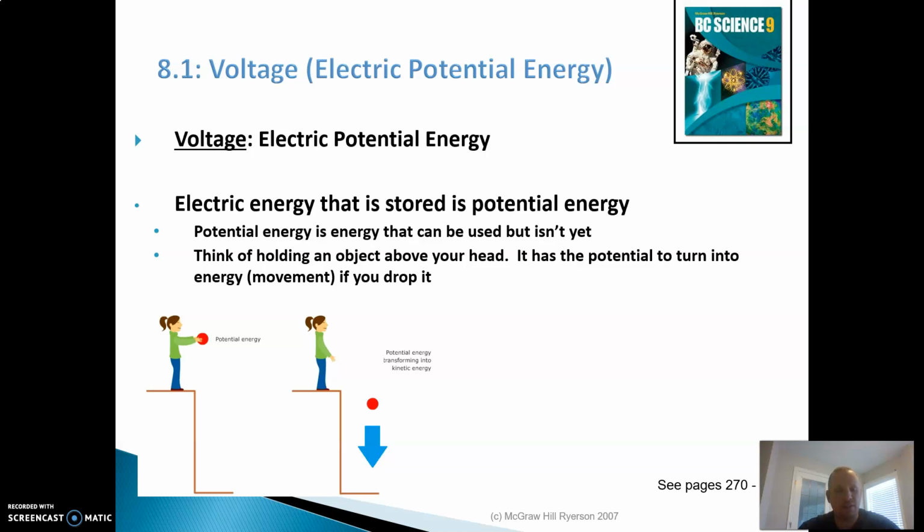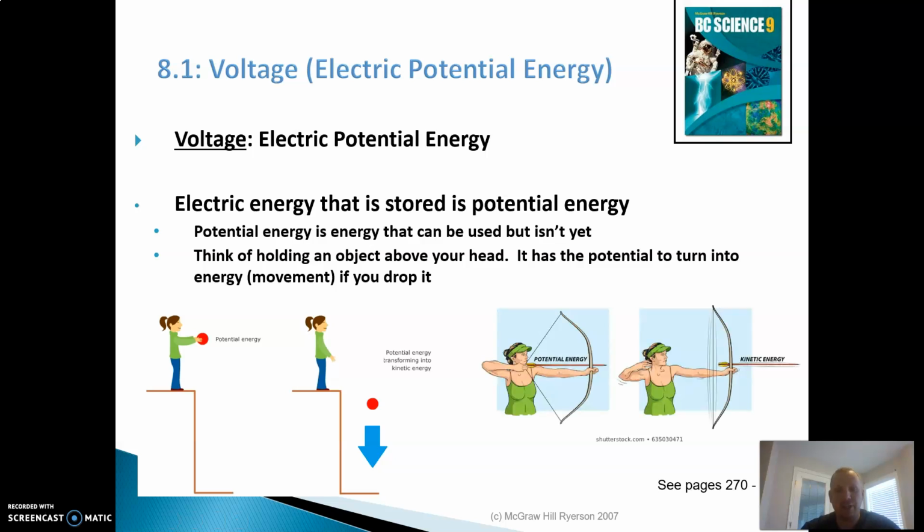So if it's like in this picture, a ball being held high in the air, so it's not moving when that person's holding it, but as soon as they let go, it starts accelerating towards the ground. And that's because it has the potential to fall. And when it does start falling, the potential energy gets turned into what's called kinetic energy, so it's moving. So that's one example of potential energy.